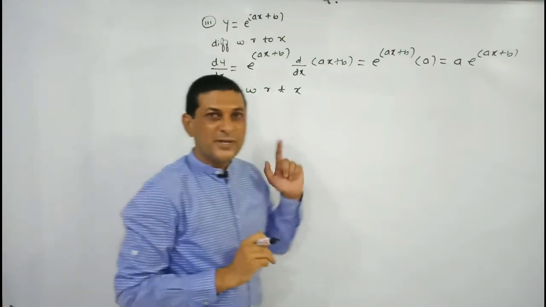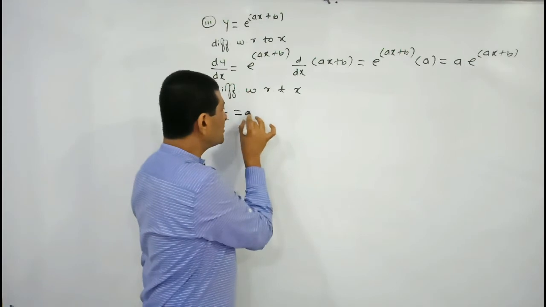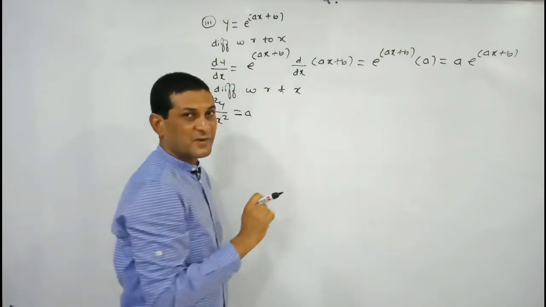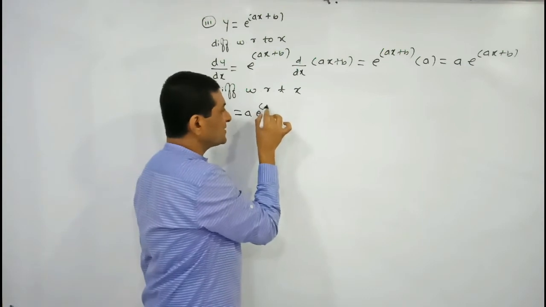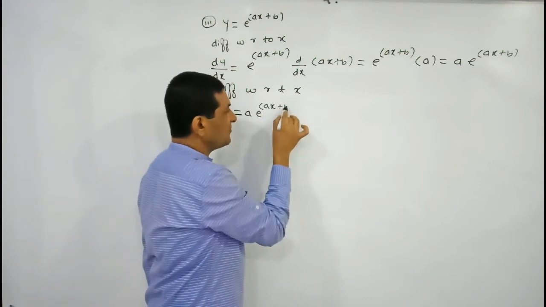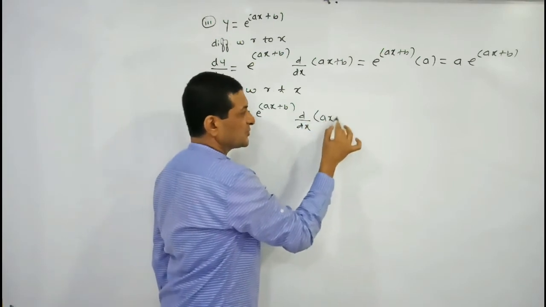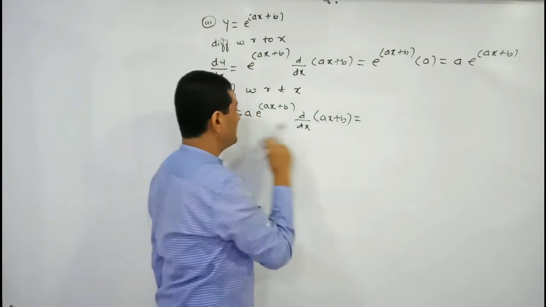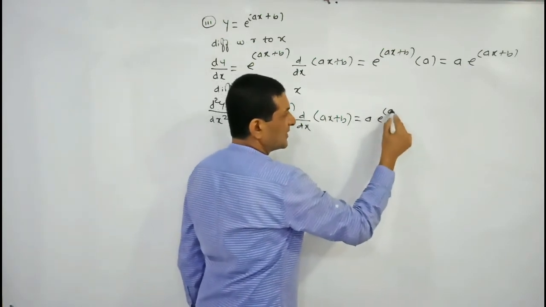Now here we can observe that a is a constant term, keep it as it is. Now again the function is in the form of e raised to power f of x, and just now we have seen that derivative of e raised to power f of x is e raised to power f of x into derivative of f of x, where f of x is ax plus b. Again we are applying same method. Keep this term as it is, a into e raised to power ax plus b.